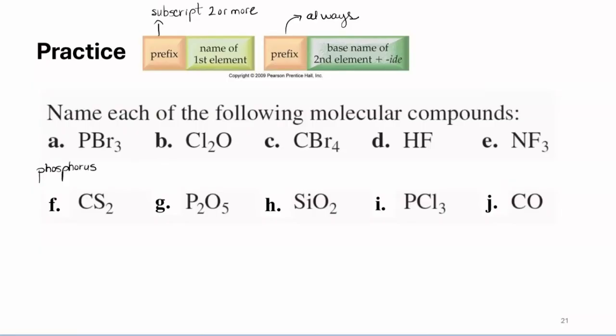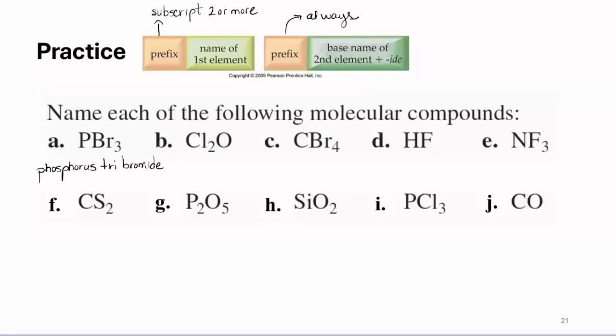We see that the subscript of bromine is 3. So the Greek prefix is tri. And then we're going to use the stem of its name followed by the suffix "ide." So this is bromide. So the name of PBr3 is phosphorus tribromide.